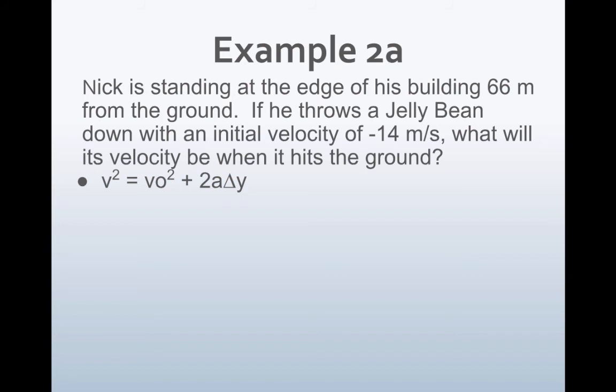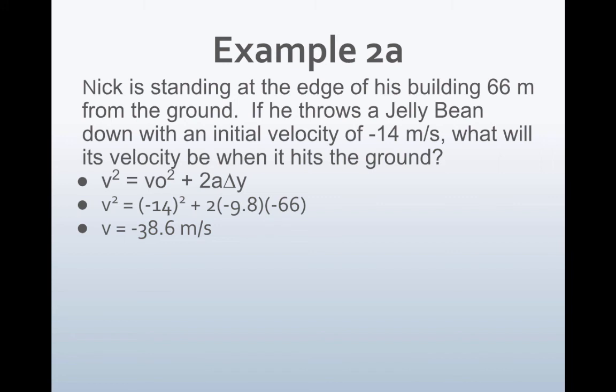Well, the only way to find this is to use kinematic 3 because time is nowhere in this problem. In kinematic 3, I have the height and I have the initial velocity. I can find the final velocity. So v squared is equal to -14 squared plus 2 times -9.8 times a -66 because it is coming down, ends up velocity being a -38.6 meters per second.